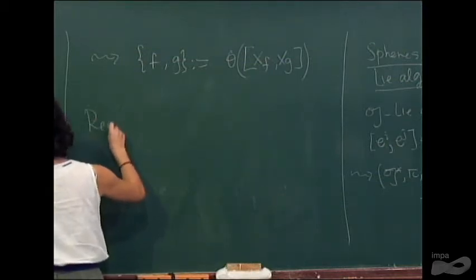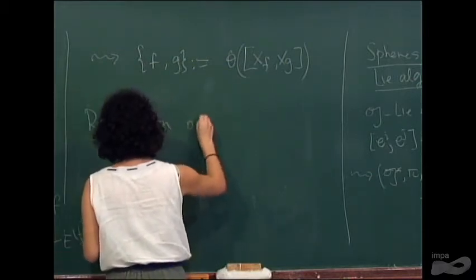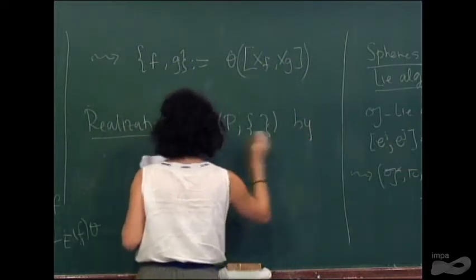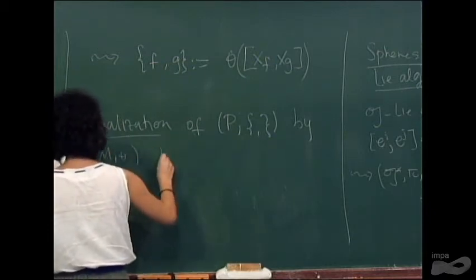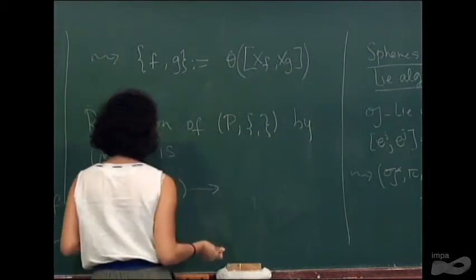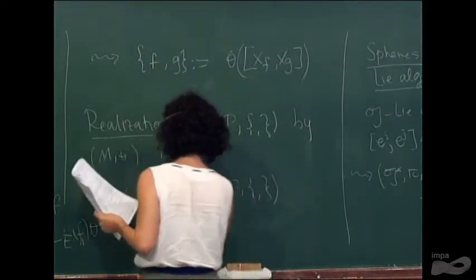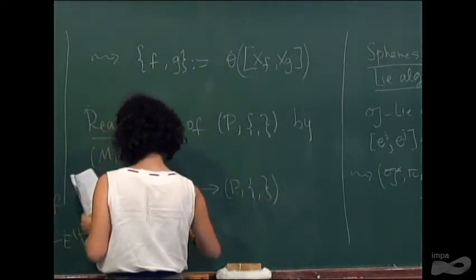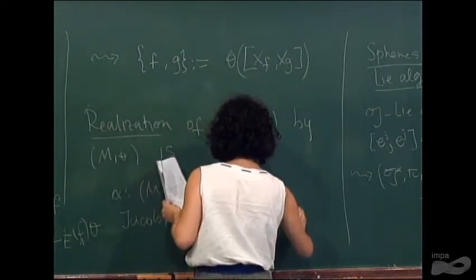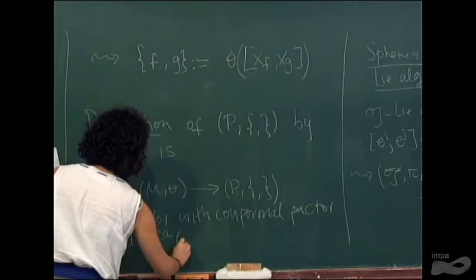So in the sense that, you think, a realization of a Jacobi manifold by a contact manifold is just a map from my contact manifold to P, which is Jacobi with conformal factor some function which is never 0.